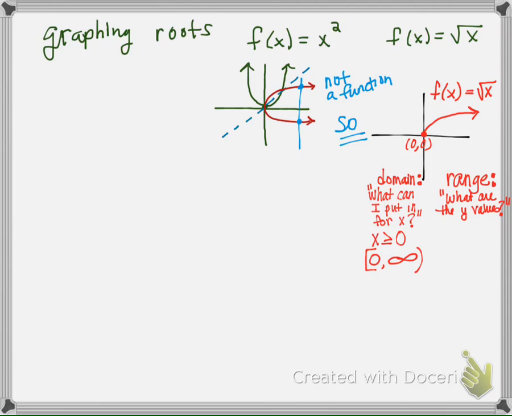What's the smallest y value? 0. What's the biggest y value? Infinity, you bet. y is greater than or equal to 0. So it kind of works the same way, from 0 to infinity. We're going to write it in both ways.